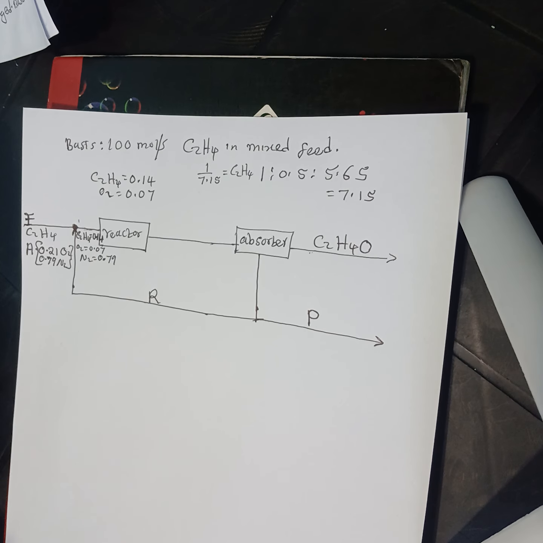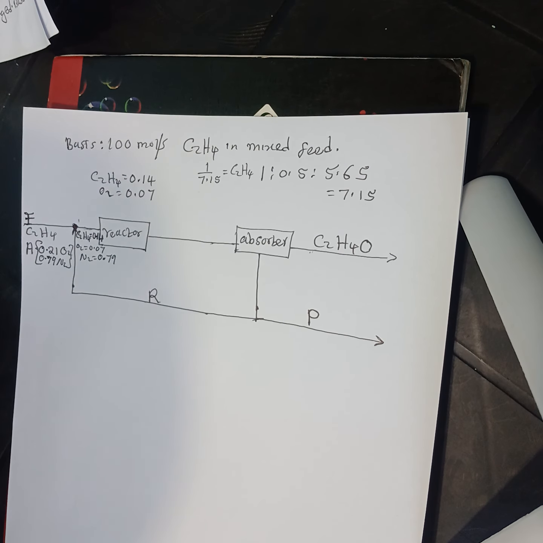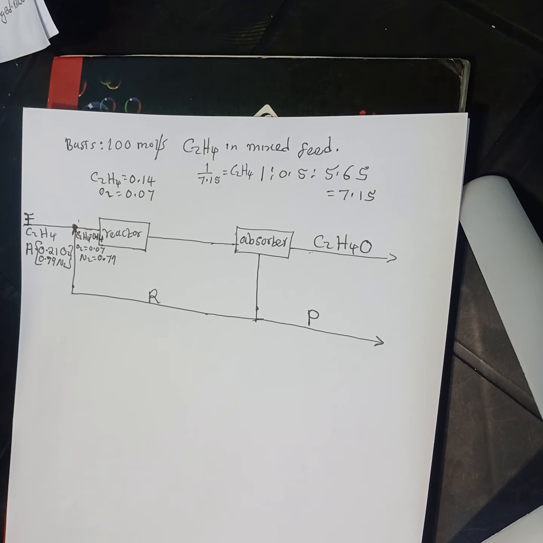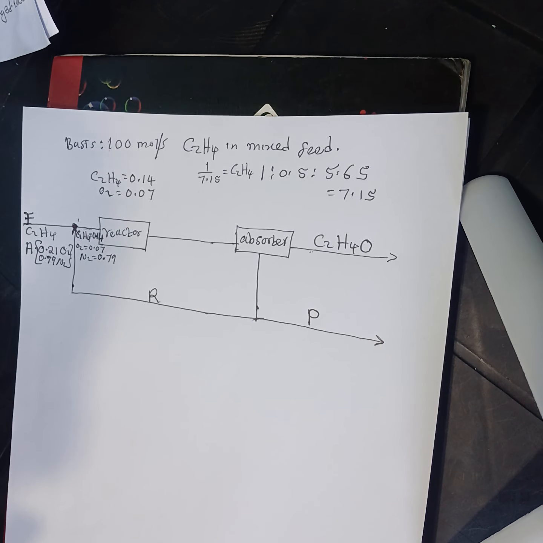We've been taught to say 50% per pass conversion. I explained what pass conversion is, and I also explained what overall conversion is. 50% pass conversion is achieved in the reactor. The product gases leaving the reactor are fed to the absorber.